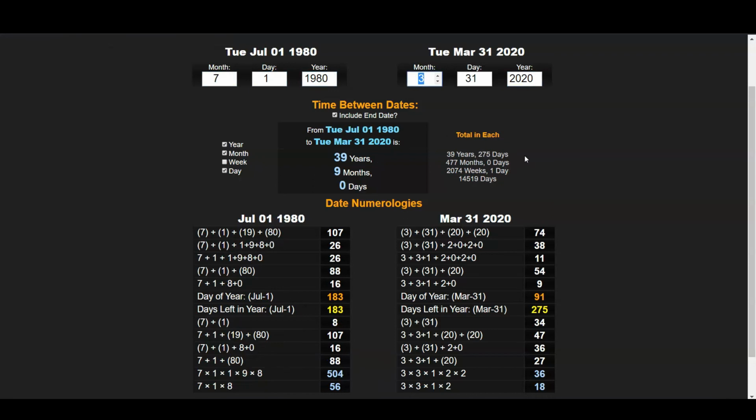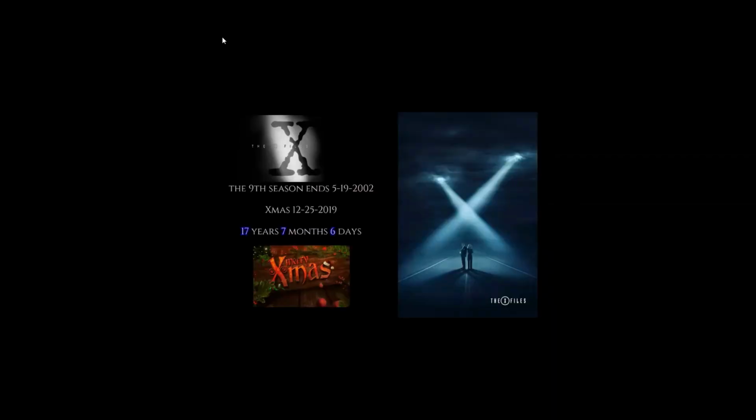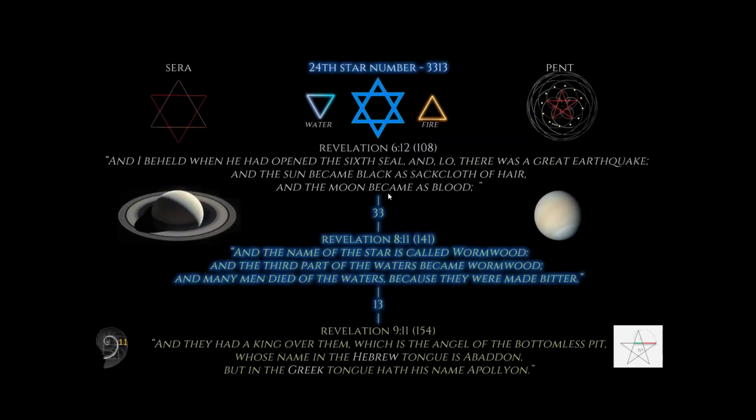And if we look at here, it's a total span of 477 months to March 31st, 2020, which goes back to our 24th star number, 3313.